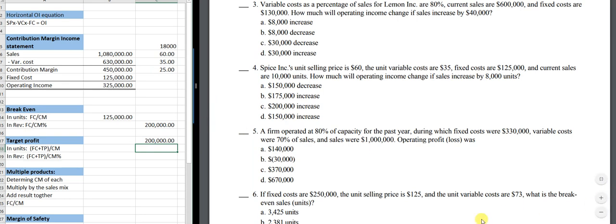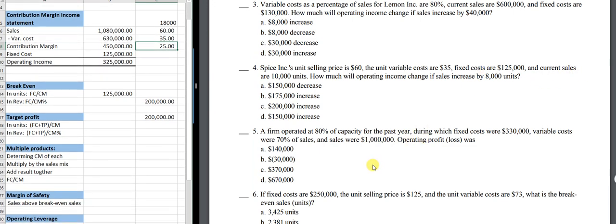Again, a shortcut isn't necessarily a shortcut if it takes you quite a while to figure it out. But what I really want you to do as you practice this is focus on how contribution margin is what changes. Fixed costs are fixed, so this doesn't change. Your bottom line is only going to go up by $25 for every single additional item you sell, and I have sold 8,000 additional units.